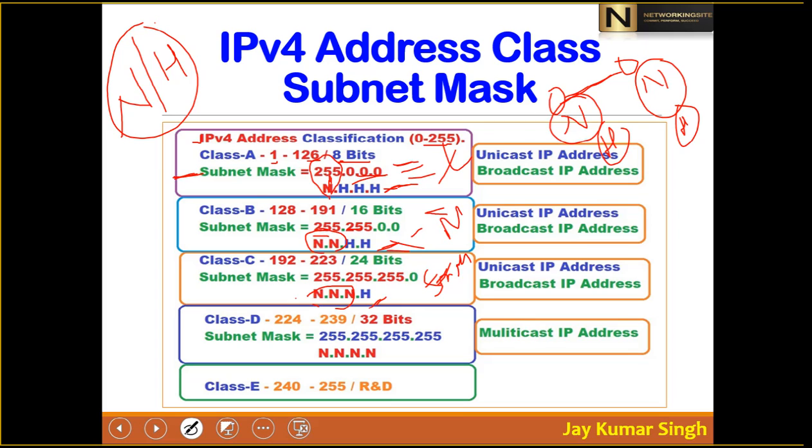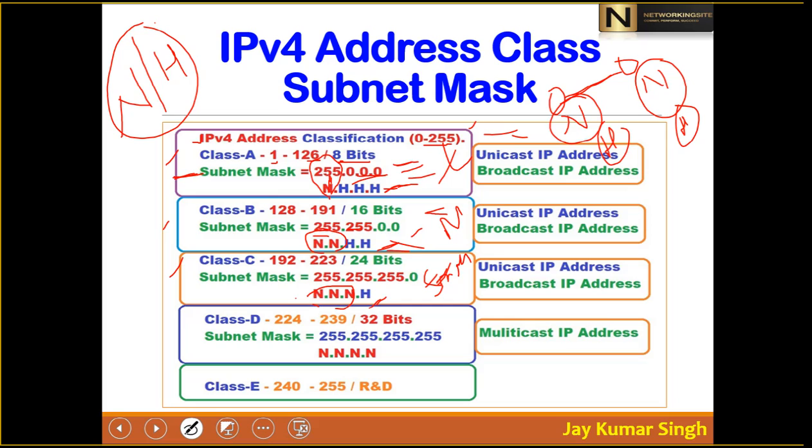Now when we talk about class A, class B, class C, in all these addresses you will find unicast addresses. Unicast address means each computer will have a different IP address. Means in a network, if I want to communicate with you personally, I can. Like if I want to call you, how many people will listen to our communication?